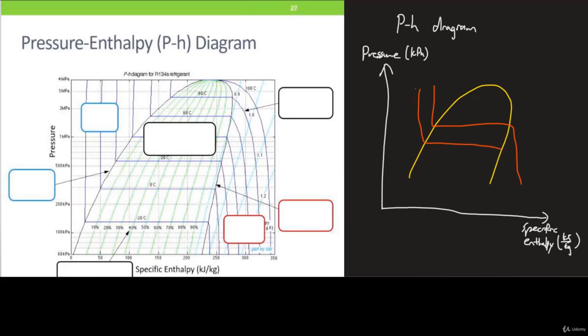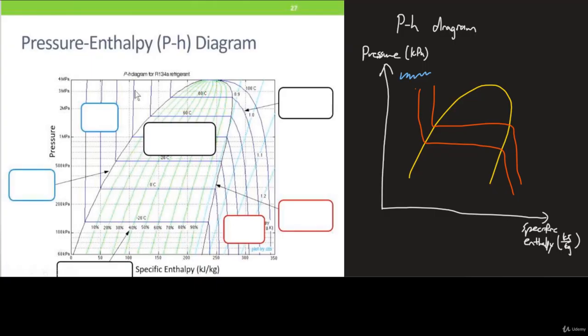Before I go into the details, let me briefly explain what each region represents. First, look at the top left-hand corner, before the curved line at the left-hand side.